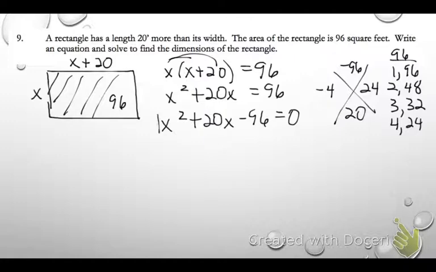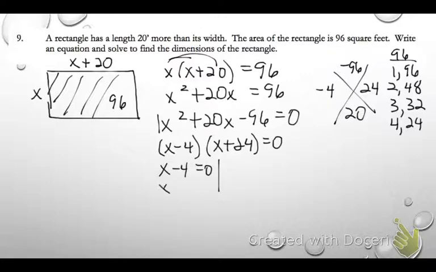So since our a value is 1, then we can go right to our two sets of parentheses and factor that as x minus 4 times x plus 24. Then if we set these each equal to 0, our possible solutions are x equals 4, so the width is 4 feet, or our width is going to be negative 24 feet.